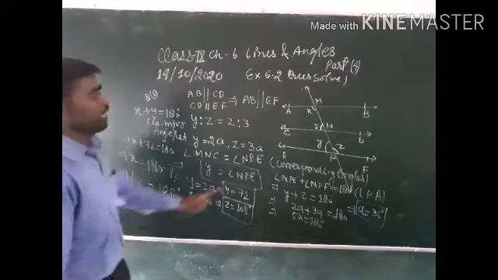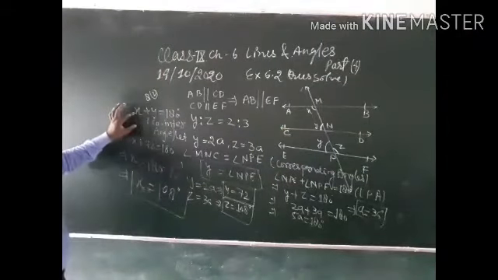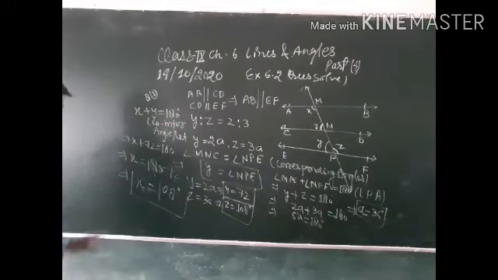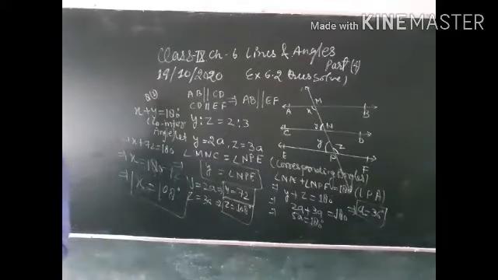Now X plus Y are co-interior angles, so we use this method. X plus Y is equal to 180, so X plus 72 is equal to 180, and finally we get the value of X is equal to 108. Question number 2.